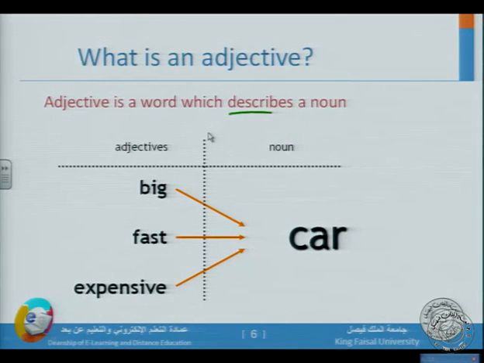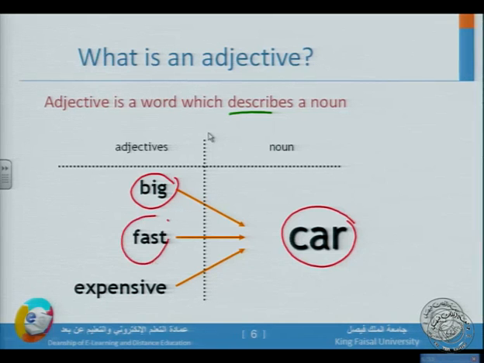So let us say, for example, if you look at this example, we have big car. Car is a noun, and big is an adjective. Fast is an adjective, and we say fast car. Expensive car. All of these are adjectives.